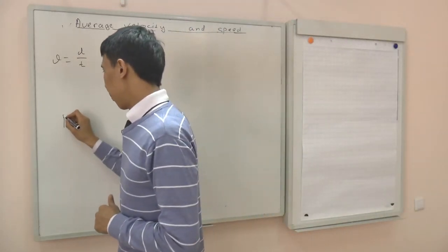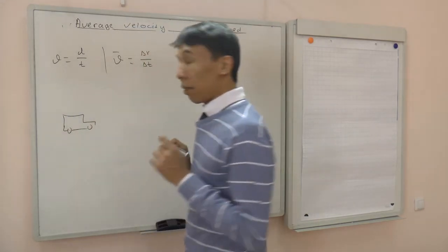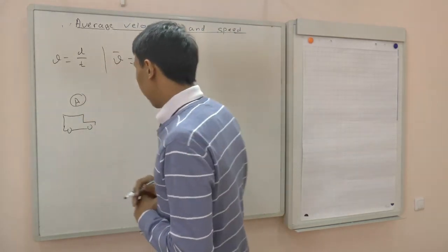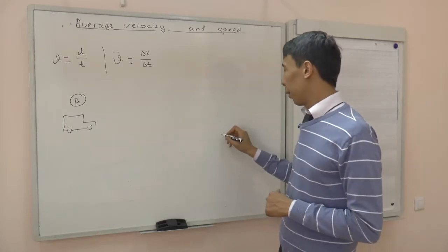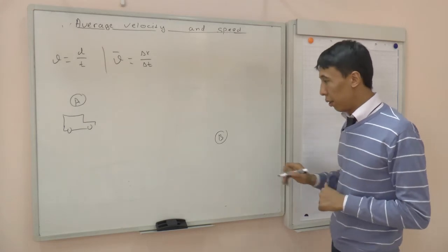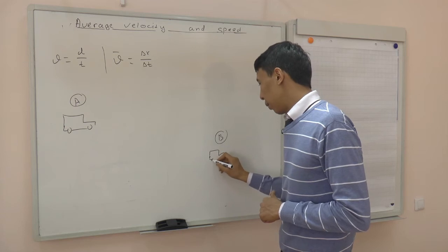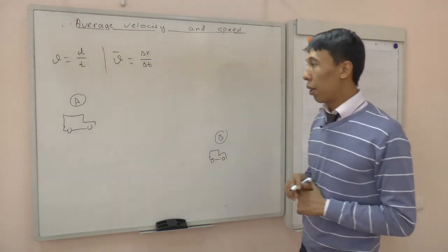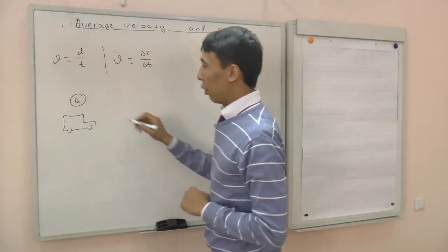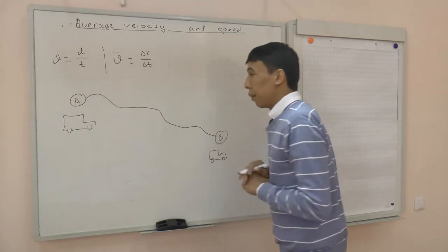The car started to travel from point A to point B, and it reached point B. The car traveled from A to point B on a path which looks like that.